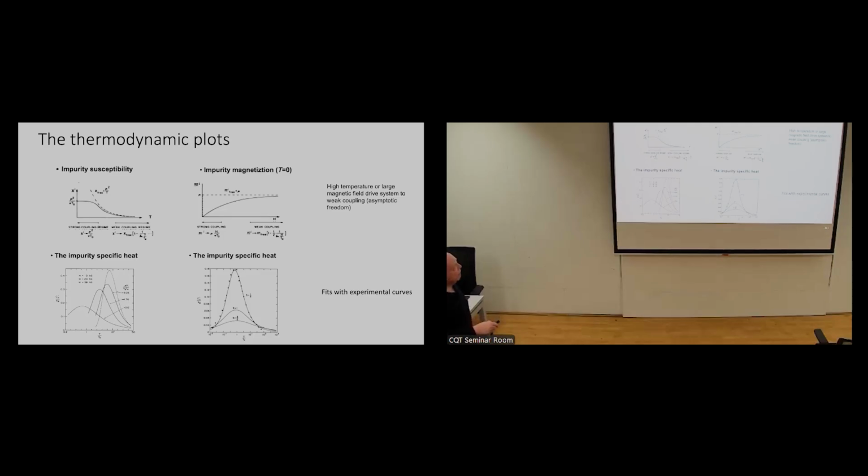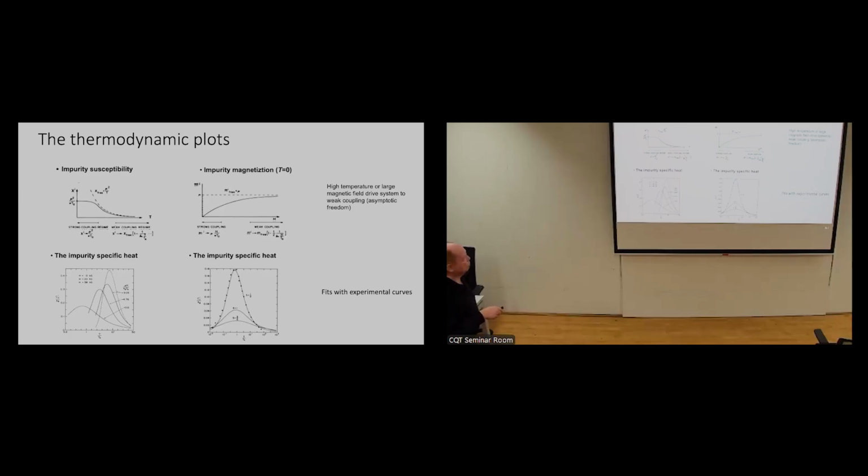At high magnetic field, that's weak coupling, it tends to the value mu. But if I go to very low temperature, then I go to strong coupling, and it is screened. The susceptibility is finite.